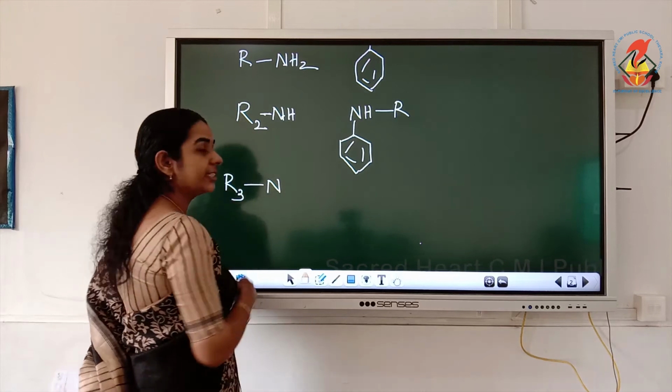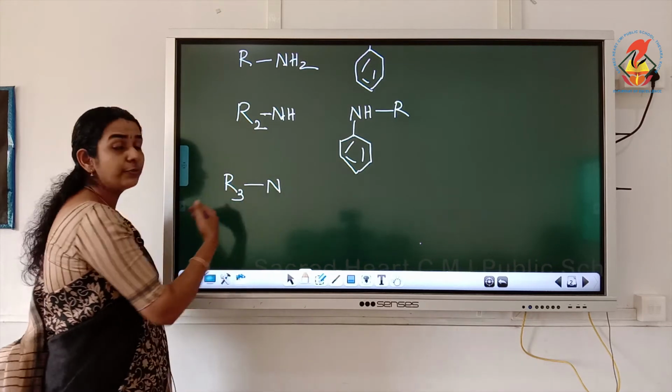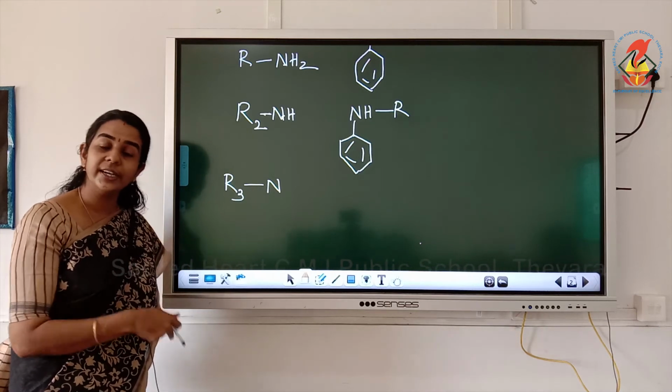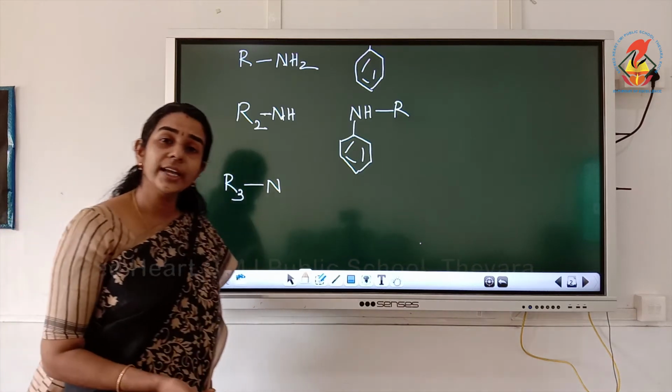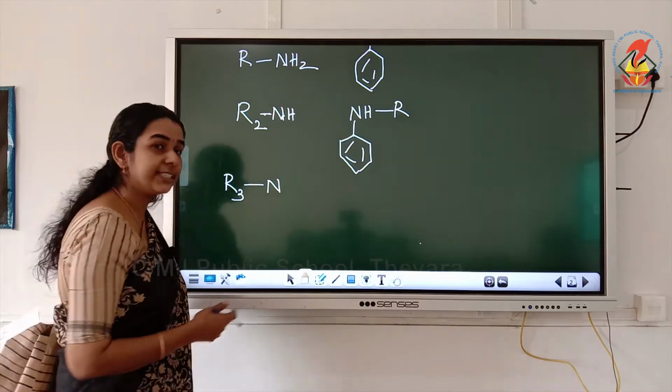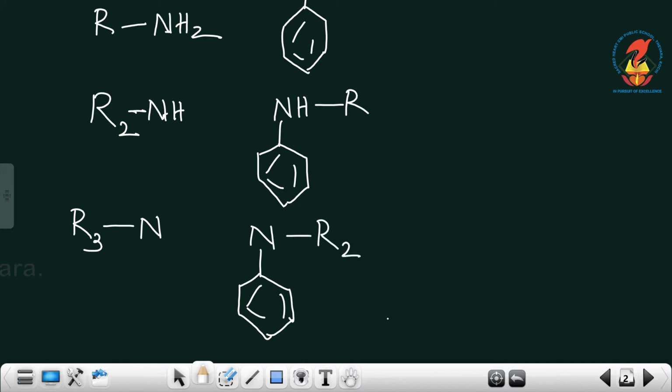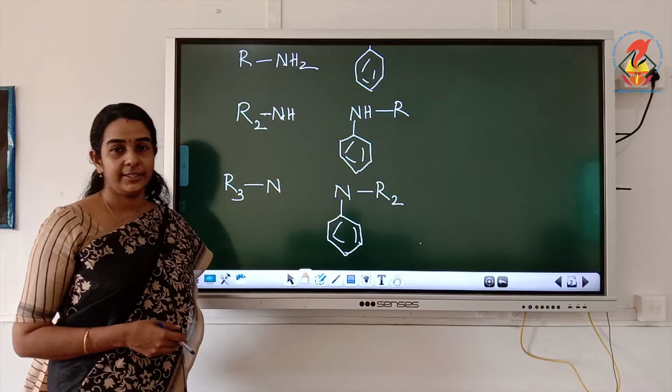Here also, instead of three alkyl groups, we can have two alkyl groups and one aryl group, or two aryl groups and one alkyl group, and so on. For example, on the nitrogen atom I replace one hydrogen by one aryl group, that is a benzene ring, and two by alkyl groups. So these are the different classes of amines.